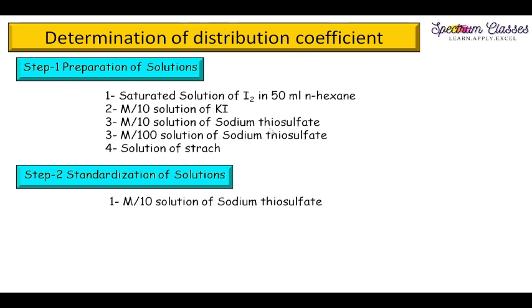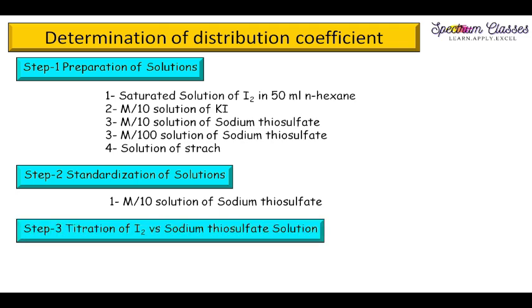For that we require 10% potassium iodide and M/10 solution of potassium dichromate. We are not going to discuss that here, because I have separately made videos on the standardization of sodium thiosulfate and how to prepare sodium thiosulfate solution. I will give you the links of those two videos in the description box.